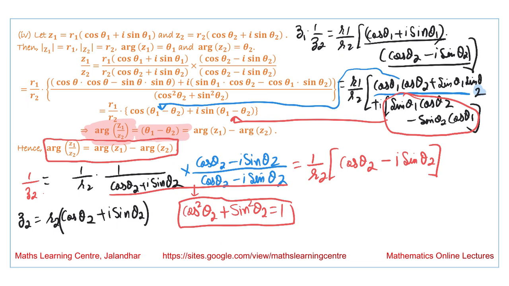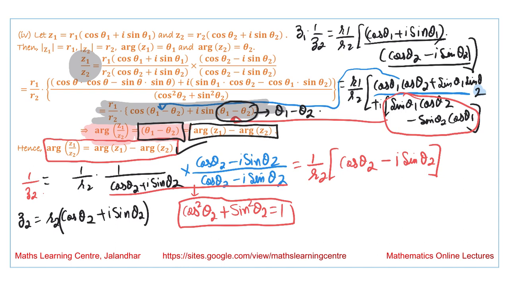Look at this term we are talking about: this is z1 by z2 and this is equal to this value. So what is the amplitude over here? The amplitude is theta 1 minus theta 2. So we are writing that the argument of z1 by z2 is theta 1 minus theta 2, that is equal to argument of z1 minus argument of z2.